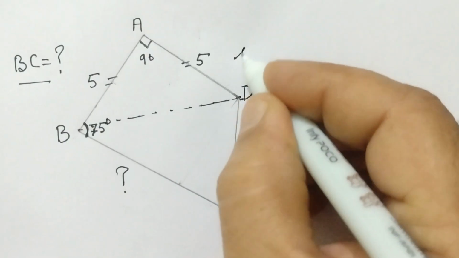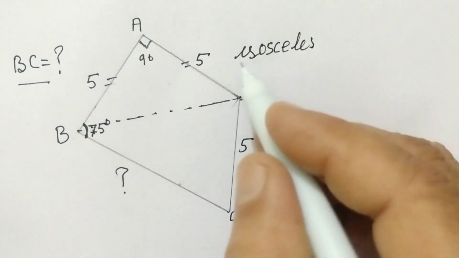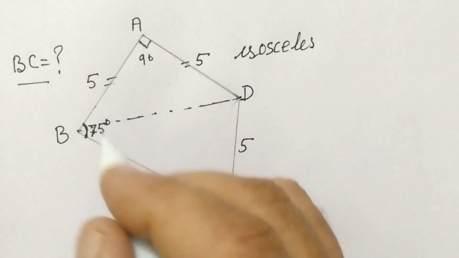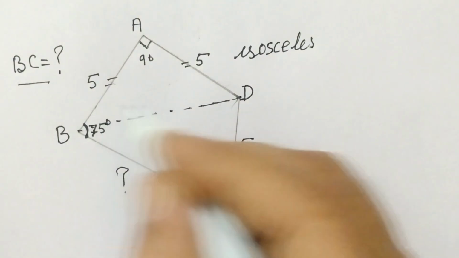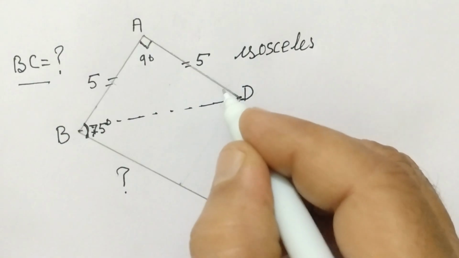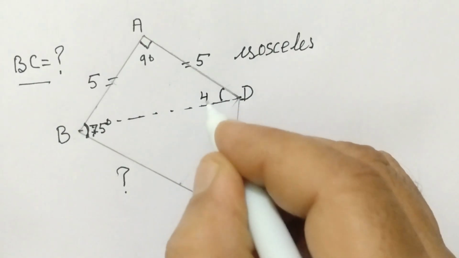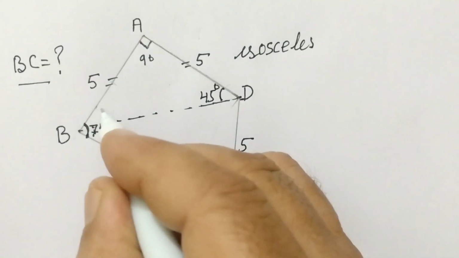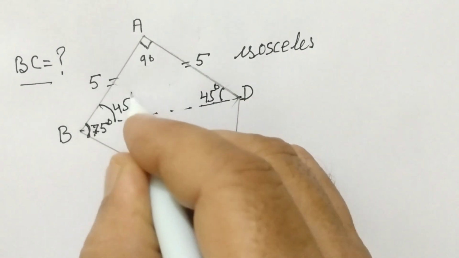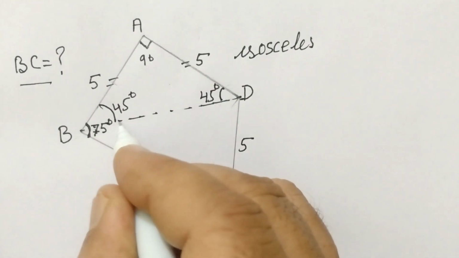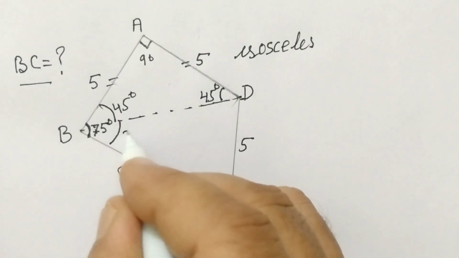Here, this is 90, so this angle will be 45, this also will be 45. Now the remaining angle will be 30 degrees.